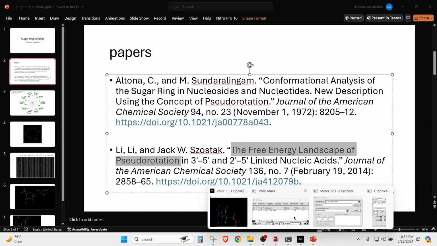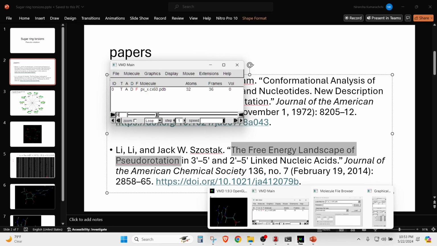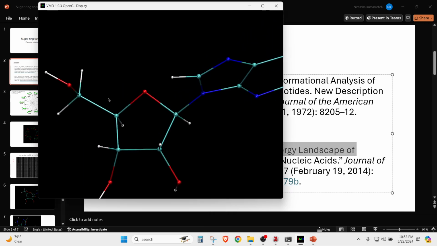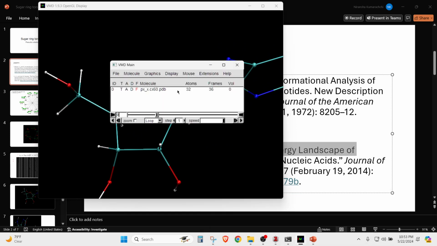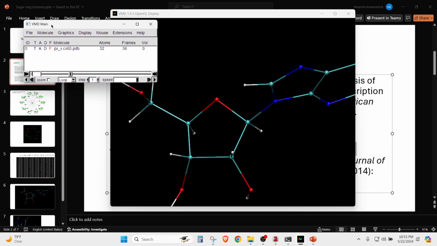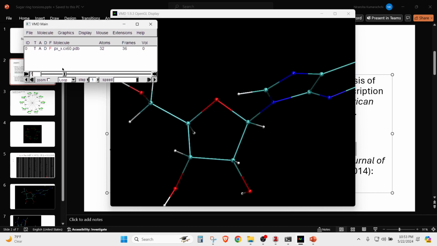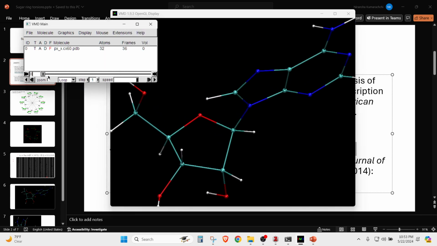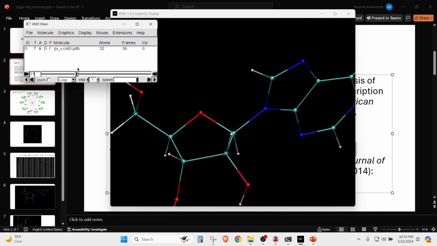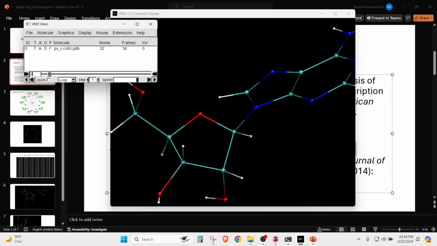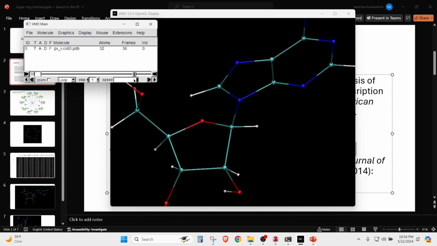So let's first see how we can see everything in the pseudo-rotation. I have a VMD trajectory. It is basically a combined PDB molecule, 36 molecules. So this trajectory goes from 0 to 360, which is pseudo-rotation from 0 to 360 at 10-degree intervals.